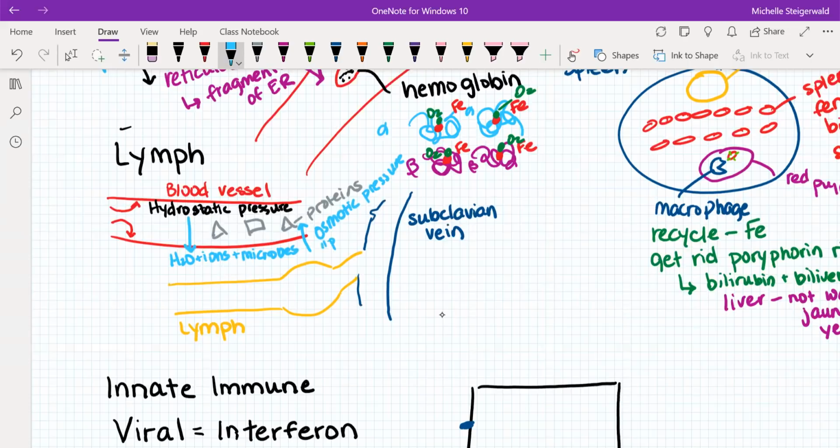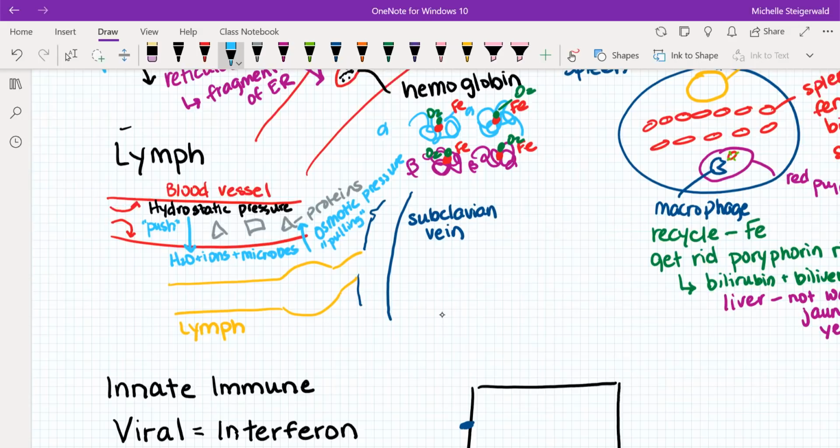So I'm just going to say this is pulling and this is pushing. Both of these are in reference to the capillary itself. So you're either pushing out of the capillary or you're pulling into the capillary.